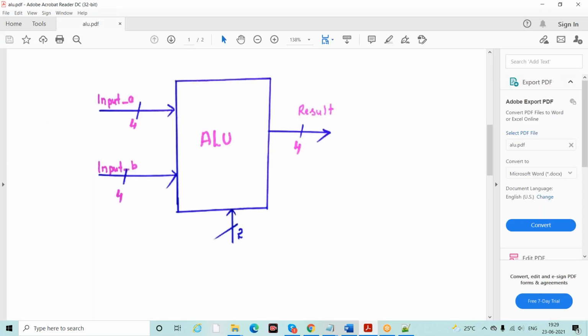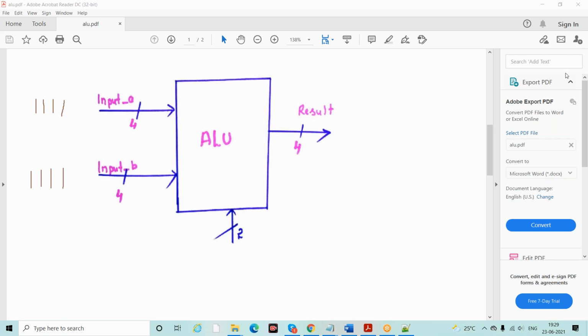One of your friends asked why you use result as 4-bit. I already said. See, for example, if you want to add 1111 and 1111, definitely you will generate the carry bit.